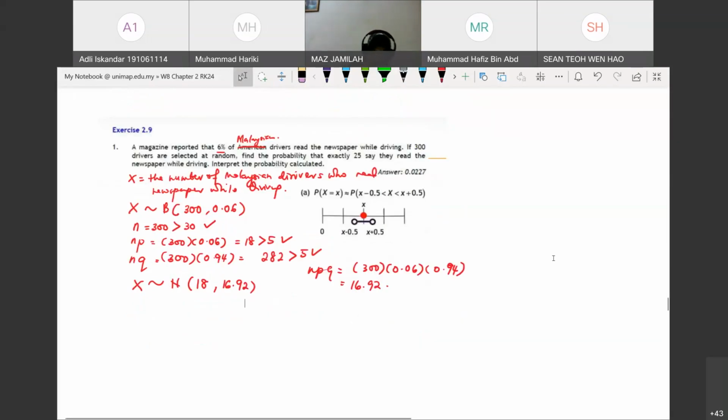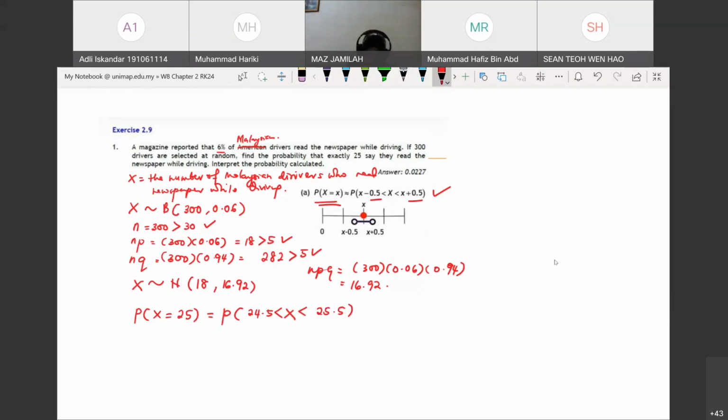Find exactly 25, P(X = 25). The correction factor for "equal to" would be minus 0.5 and plus 0.5. So you will get P(X between 24.5 and 25.5).